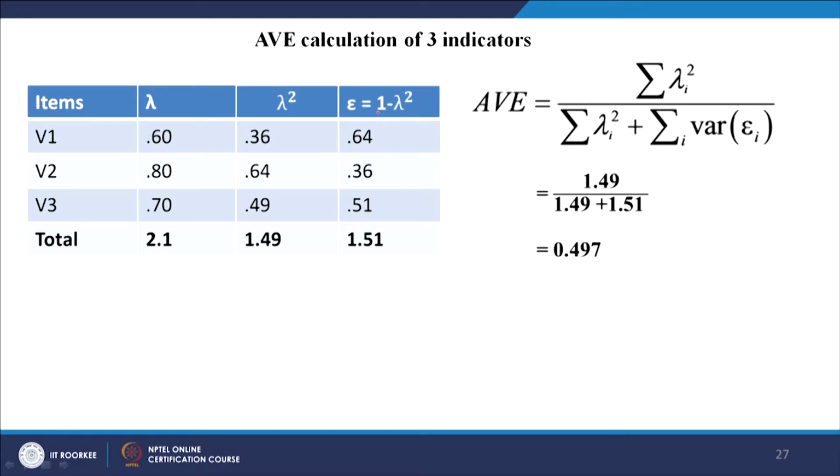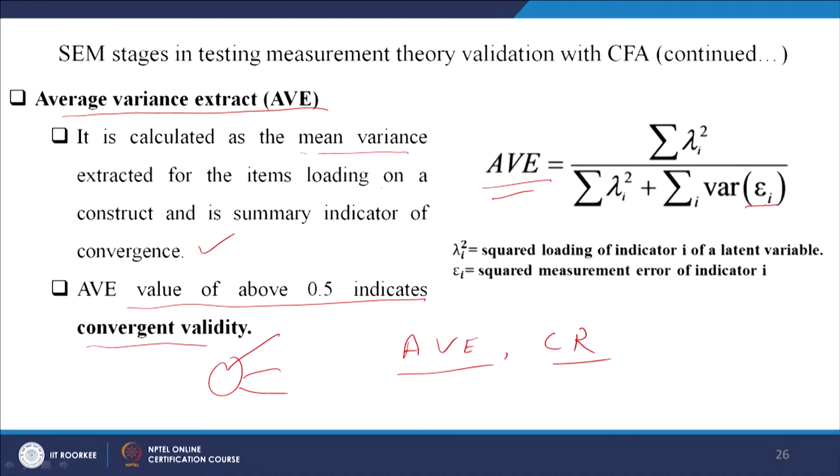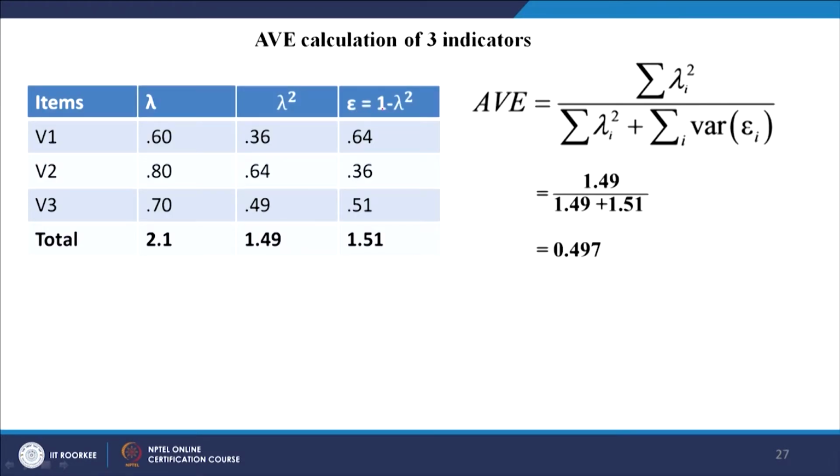So you can see here, the variance is equal to 1 minus lambda square. Suppose the loading, the correlation between the variable and the factor, is 0.6. Then lambda square is 0.36, so the variance is 1 minus this, which is 0.64.